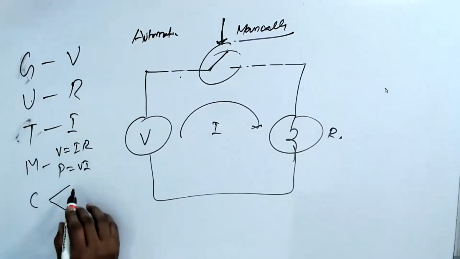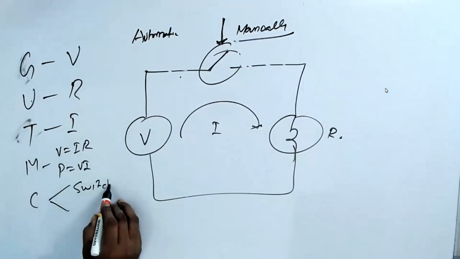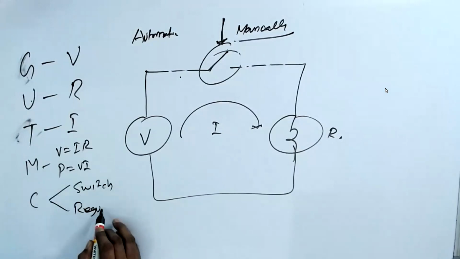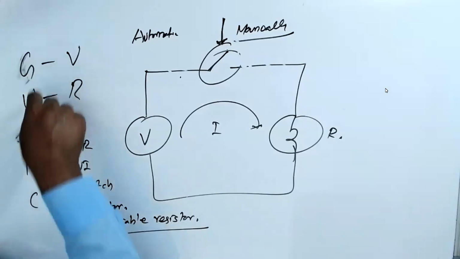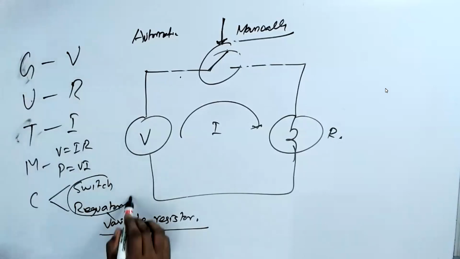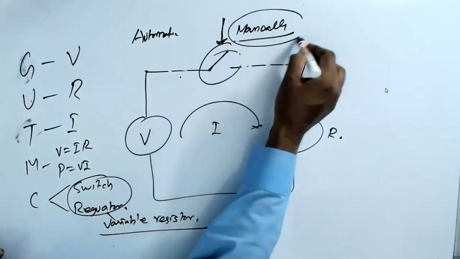Control, we discussed switch and regulator. Regulator is a variable resistor. Now, in electrical, the switch and regulator are manually controllable.